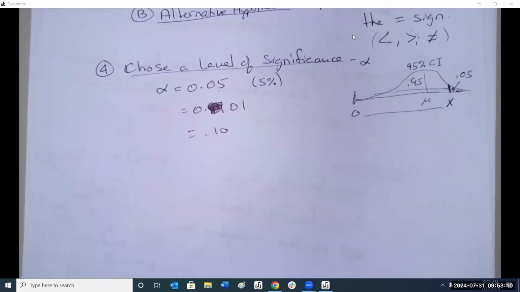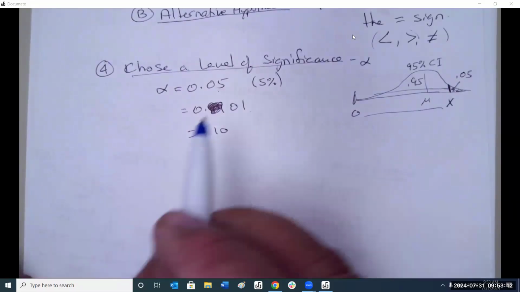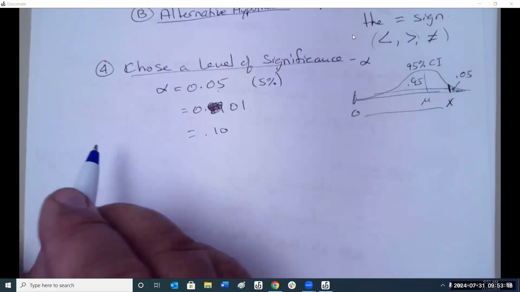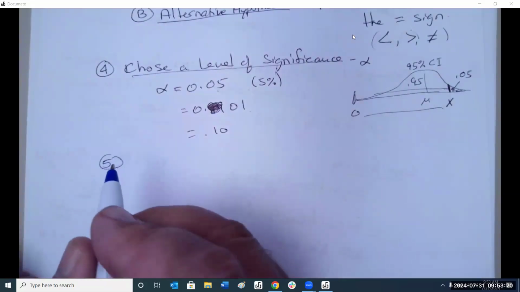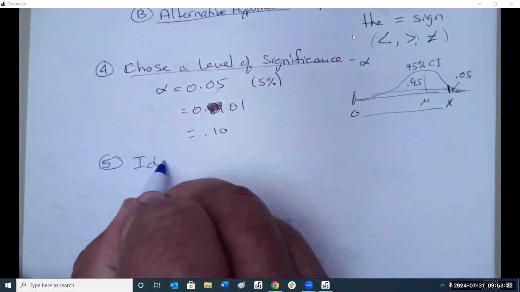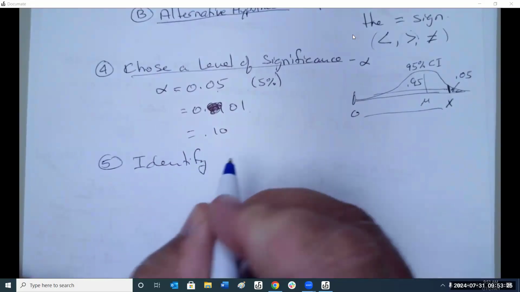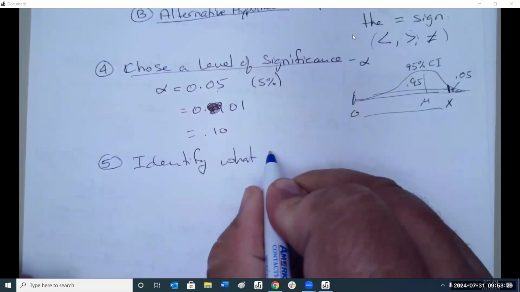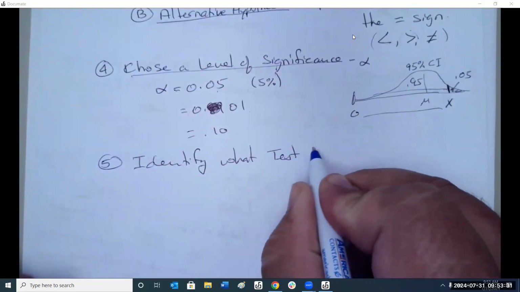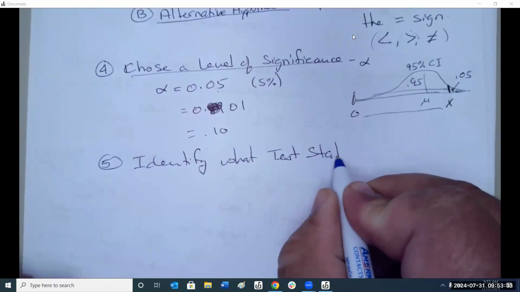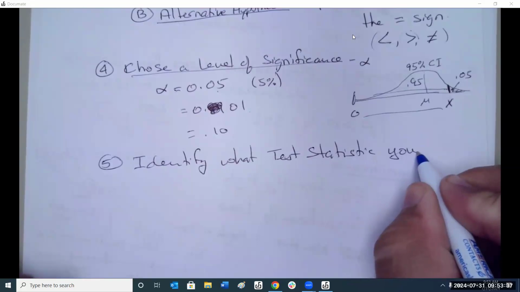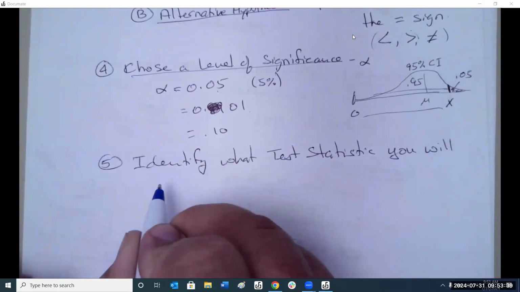All right, now from there, so you've made your claim, you determined the null and alternative hypotheses, you've determined the level of significance. Now you've got to determine what test statistic you'll use.